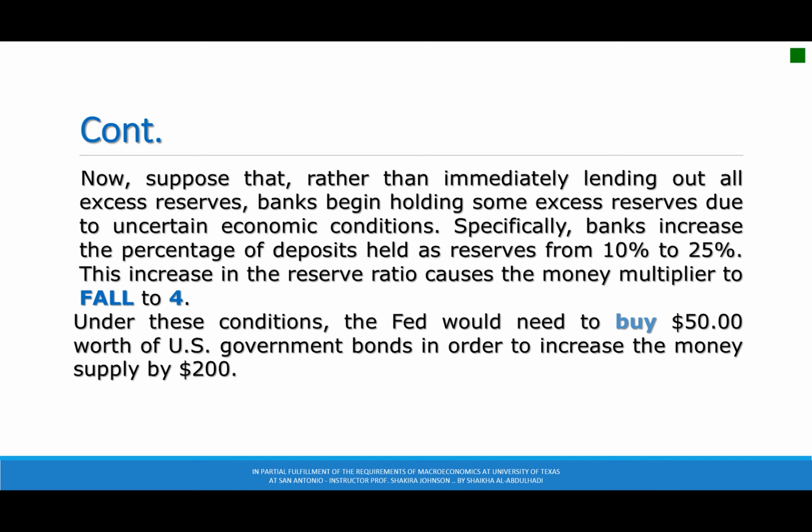When the Fed buys $50 in government bonds, demand deposits and the bank reserves rise by $50. With the smaller multiplier, the $50 increase in reserves will support an increase in the money supply of 4 multiplied by 50, which equals $200.